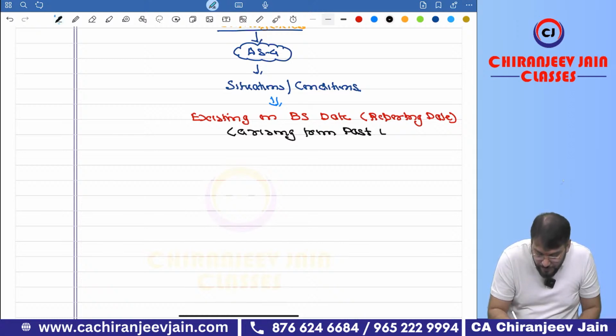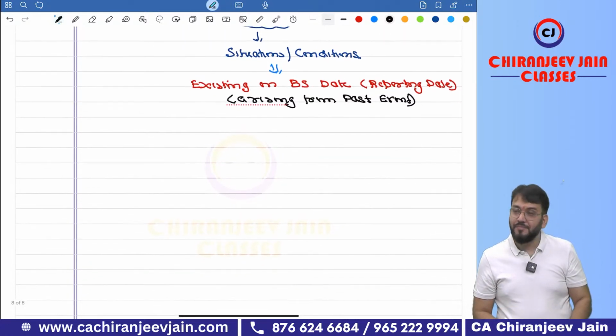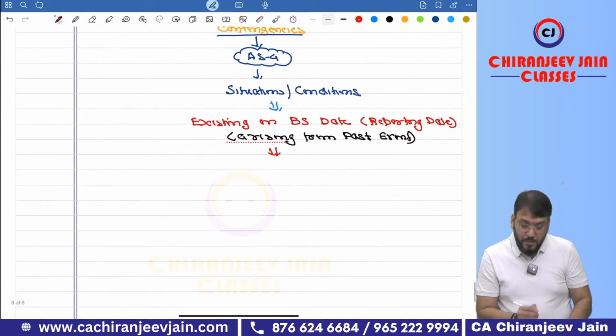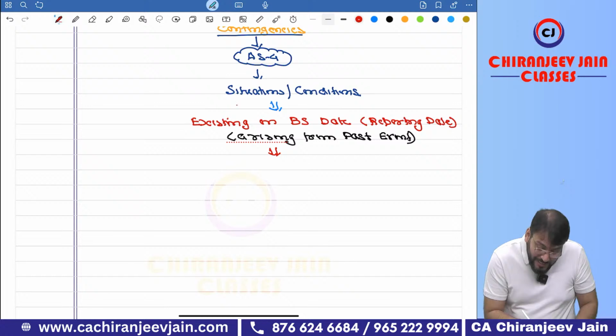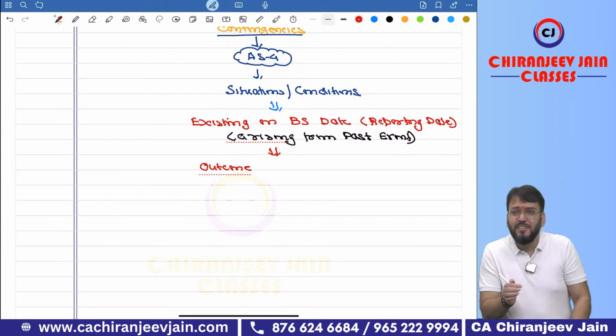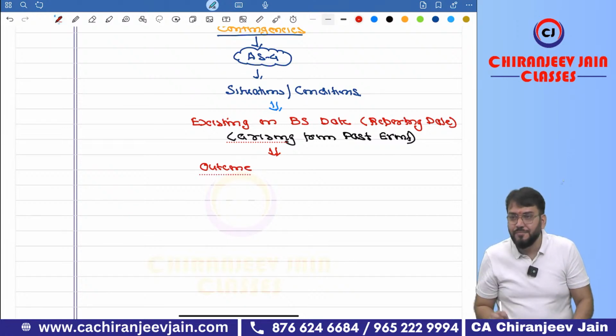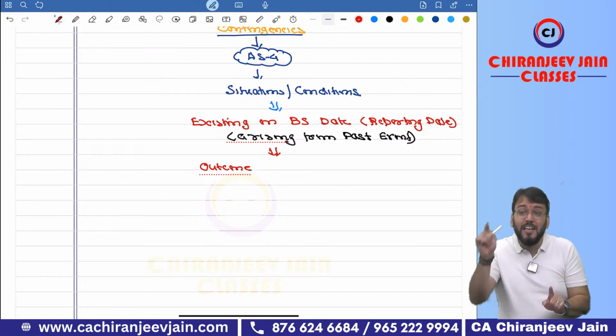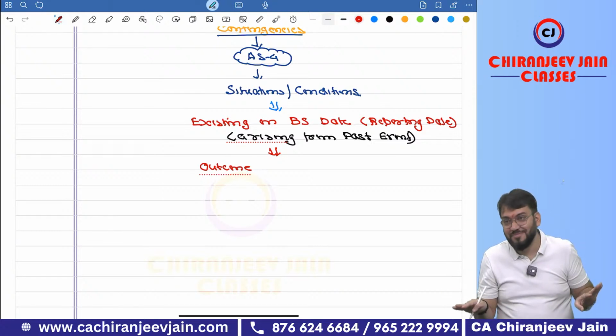Arising from a past event. Got this point? But for this situation or condition, the outcome, meaning the result, what will happen, is not known.